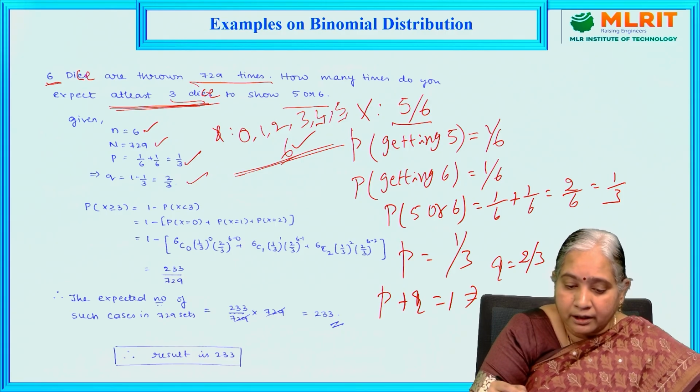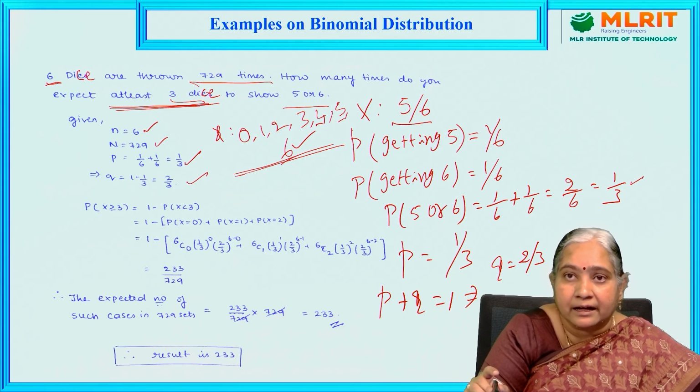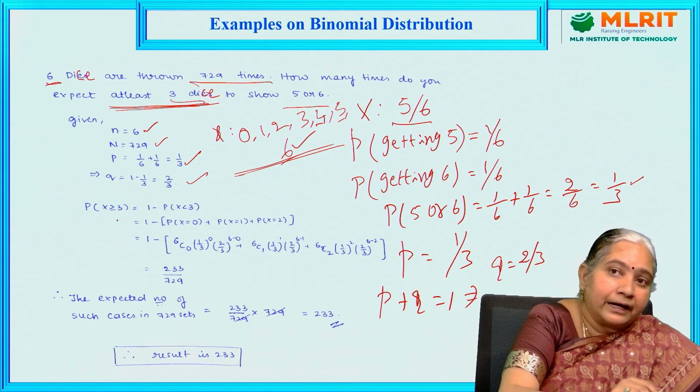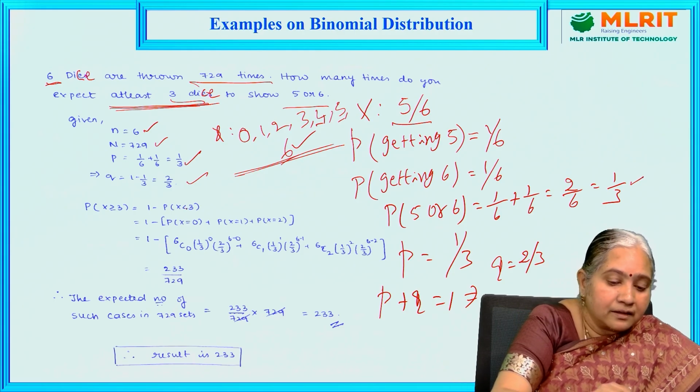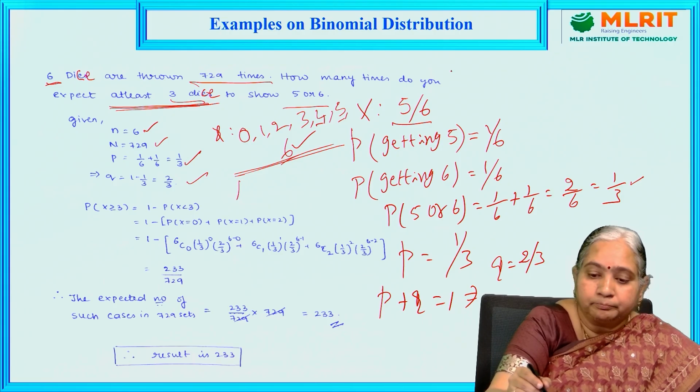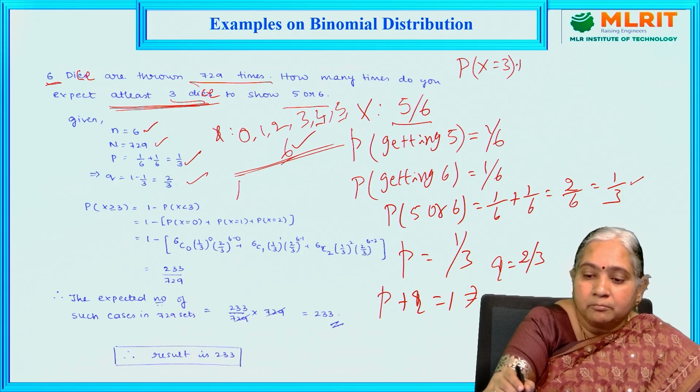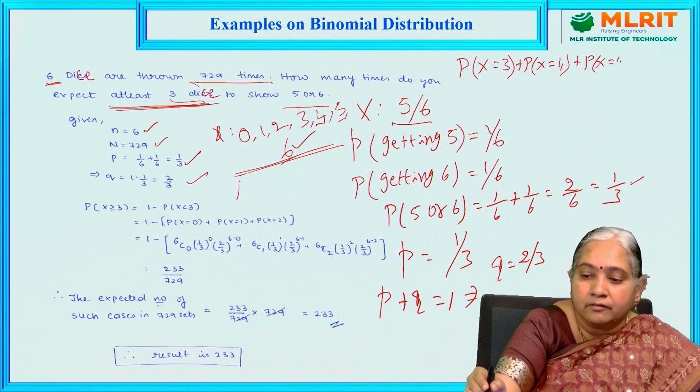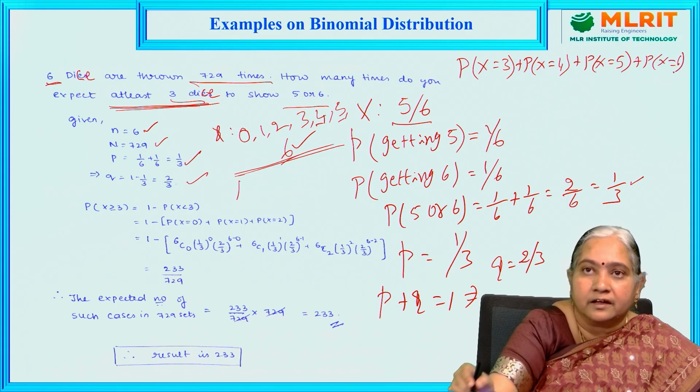Already we know that the probability of getting 5 or 6 is 1 by 3 for a single trial. Now we find at least 3 successes, that is probability of X equal to 3 plus probability of X equal to 4 plus probability of X equal to 5 plus probability of X equal to 6.